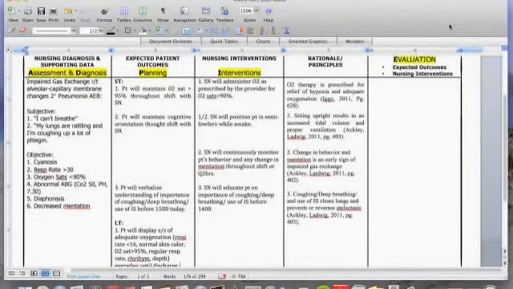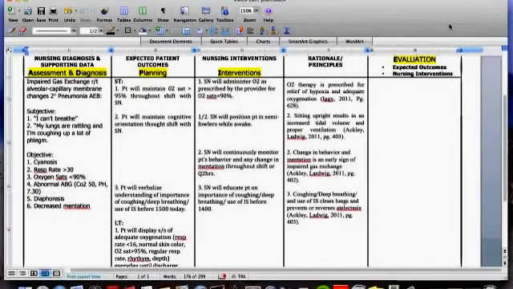Okay, so the fun part about making a care plan is taking everything that you've put in here and evaluating it and asking, were these outcomes met? Were the interventions that I provided for the goals, were they effective? And that's where these come in over here. So our first goal was that the patient would maintain this oxygen saturation and that we would give this oxygen therapy to make sure that this outcome was met.